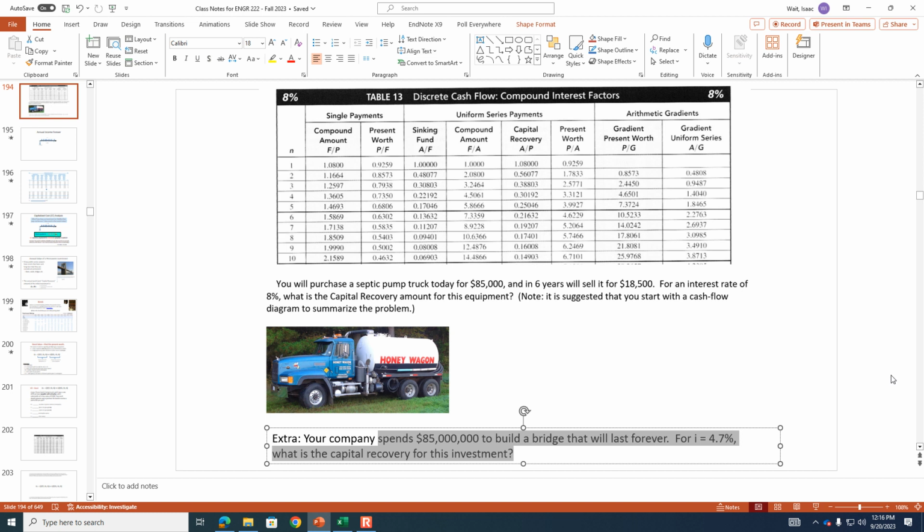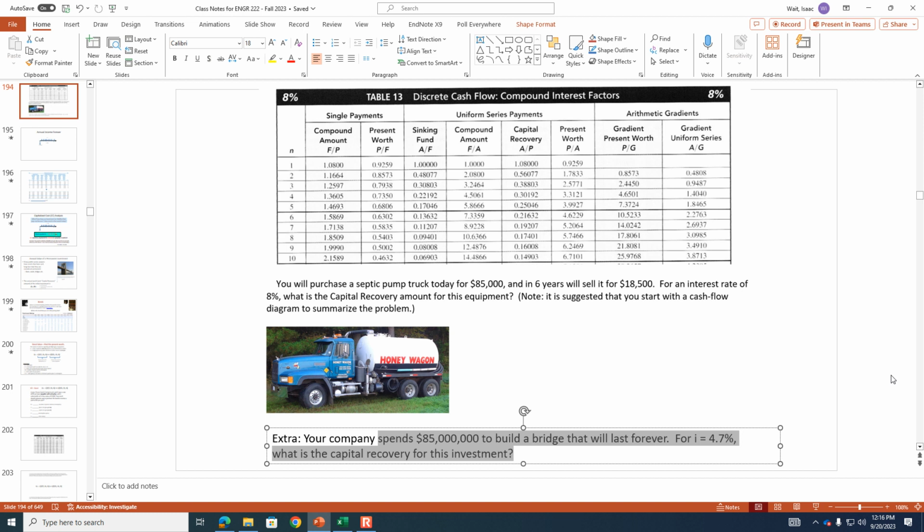And so we would just simply multiply the 85 million by 0.047, and that tells you that the annual equivalent of that is $3,995,000.